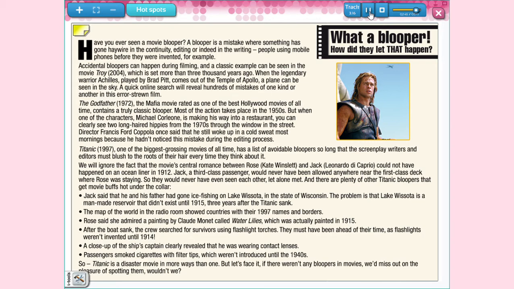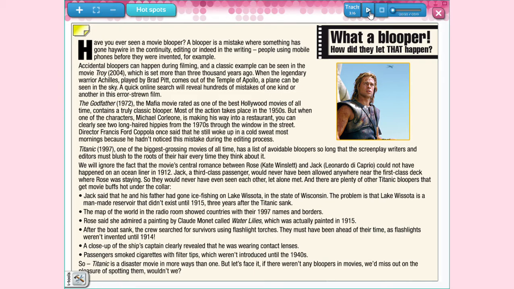After the boat sank, the crew searched for survivors using flashlight torches. They must have been ahead of their time, as flashlights weren't invented until 1914. A close-up of the ship's captain clearly revealed that he was wearing contact lenses. Passengers smoked cigarettes with filter tips, which weren't introduced until the 1940s. So, Titanic is a disaster movie in more ways than one. But let's face it, if there weren't any bloopers in movies, we'd miss out on the pleasure of spotting them, wouldn't we?